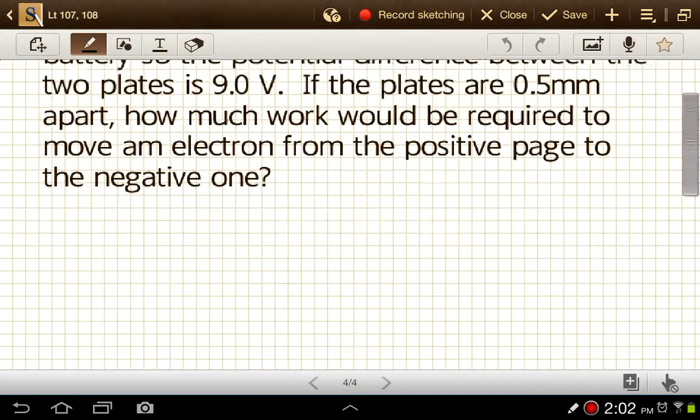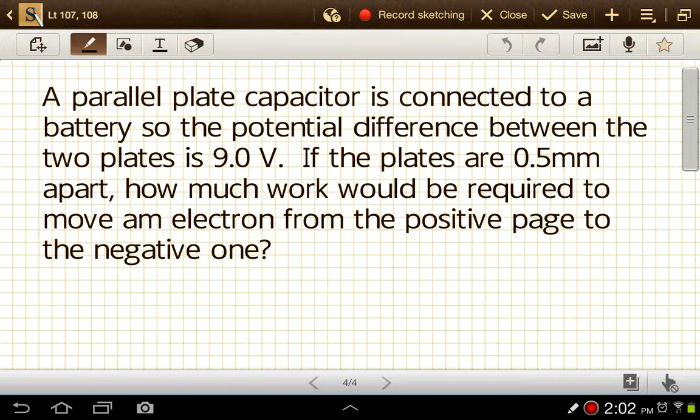Now over here we've got a potential difference between two plates on a capacitor of 9.0 volts. We've got, let's see, a distance between those, and I guess now that I think about it, that information actually isn't even necessary.